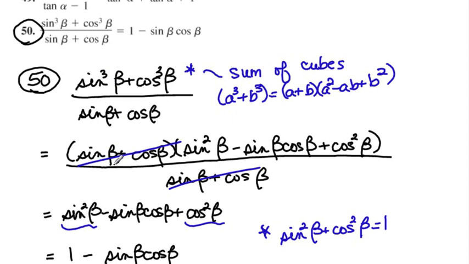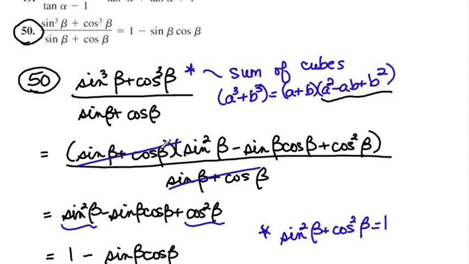So our a plus b is what you cube to get the original terms, which is sine beta plus cosine beta. Now applying this rule to get the trinomial, we have to square sine beta, which is sine squared beta, minus the product sine beta times cosine beta, plus the square of the cosine, which is cosine squared beta. The denominator stays the same.